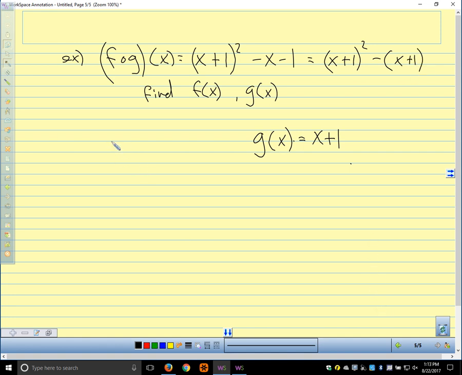So that would make f of x x squared minus x. And then when I plugged in x plus 1 for x, I would get this. There may be other ways to undo this one, but this is the one that makes the most sense, to me anyway.